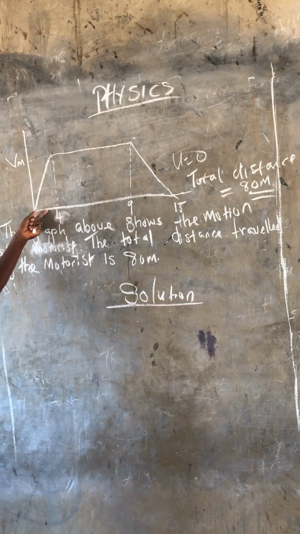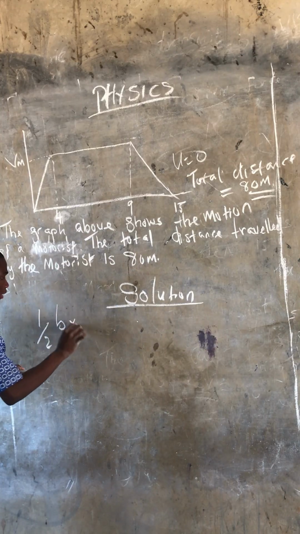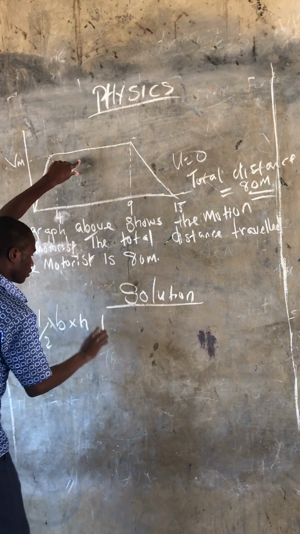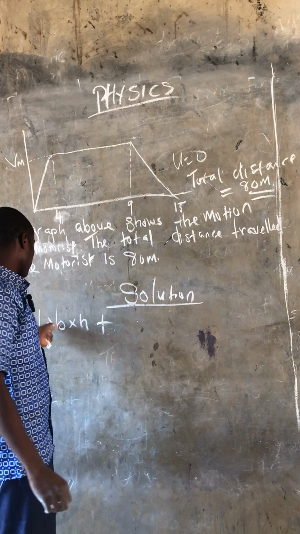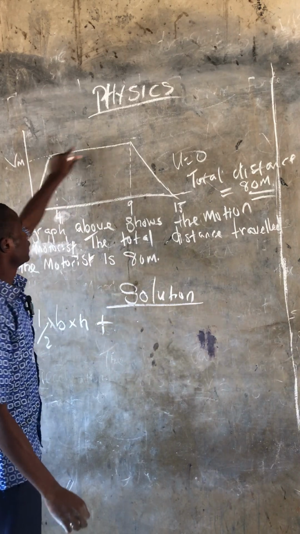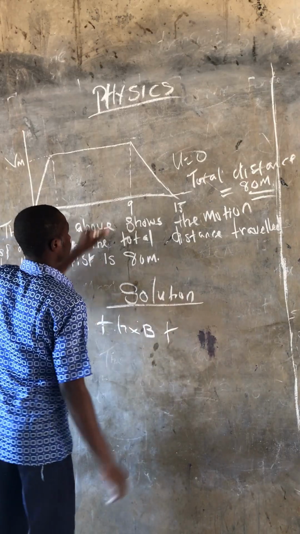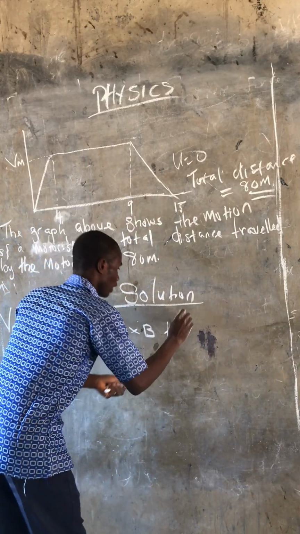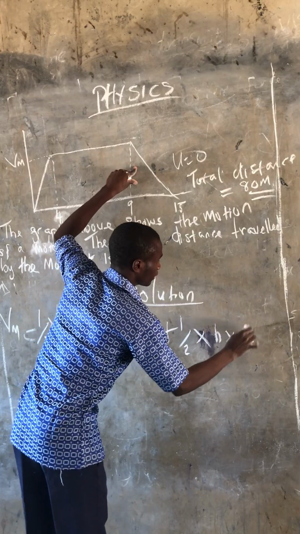The area of a right angle triangle is half of breadth times height. So our total distance is half times breadth times height, plus the area of this rectangle, which is height times breadth, plus the last right angle triangle, which is half times height times breadth.